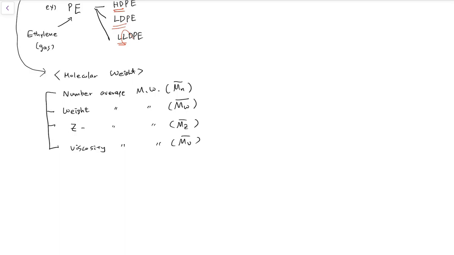There are more kinds of molecular weight for polymers, but people usually denote these 4, and usually two of them are used to characterize a specific polymer sample.